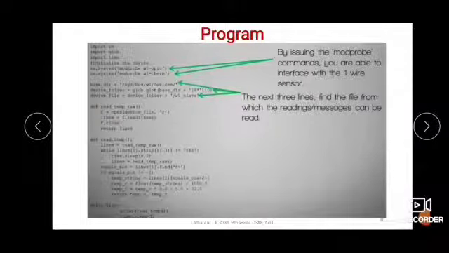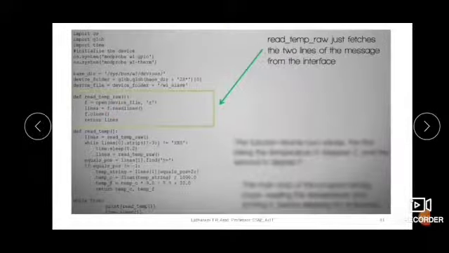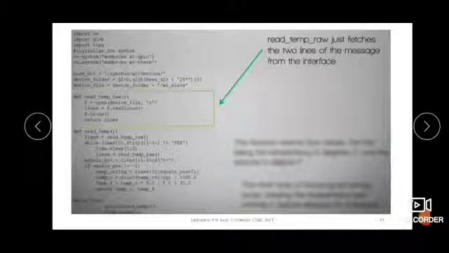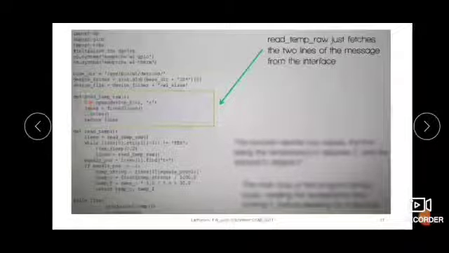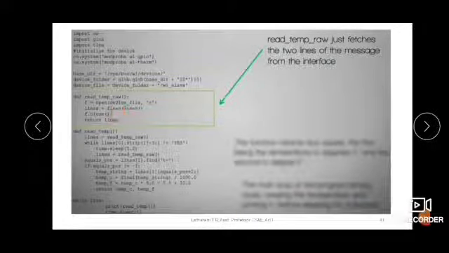Then we have def read_temp_raw. This is a function which fetches 2 lines of message from the interface by opening the device file in read mode, and whatever it reads will be stored in f, and then from f it will read the lines and store them in lines, and then it will close and return the lines which are read to wherever this function is called.